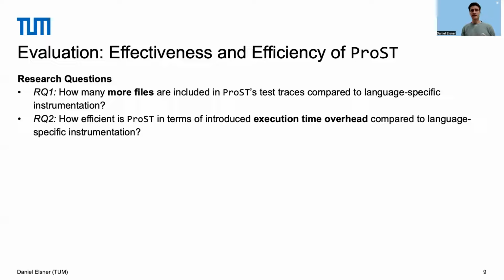And secondly, how efficient is ProST in terms of introduced execution time overhead compared to language-specific instrumentation? And this is also important when we recall the initially stated problems of RTS techniques, because execution time overhead is something that's really relevant if you have these rapid CI testing cycles, and we cannot really have a lot of instrumentation overhead.